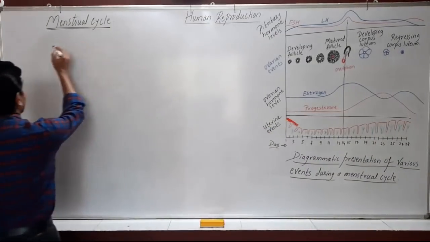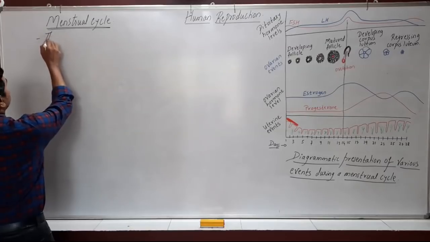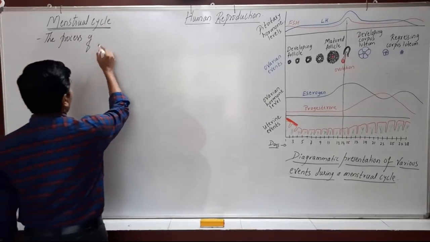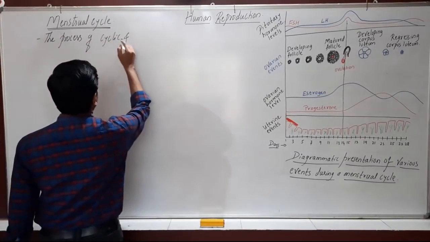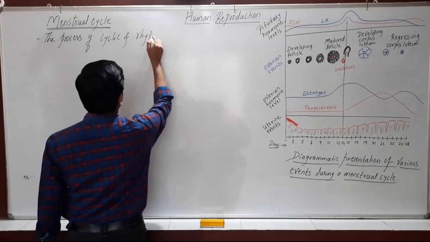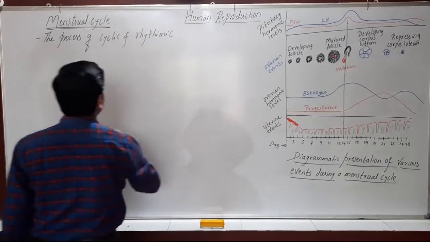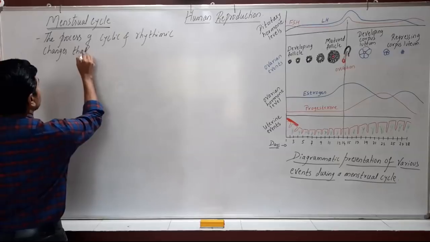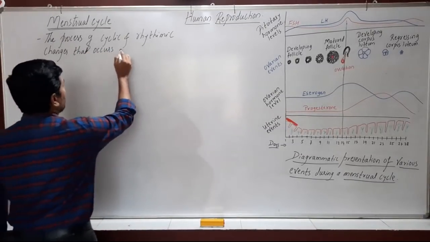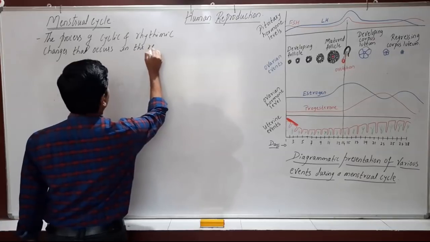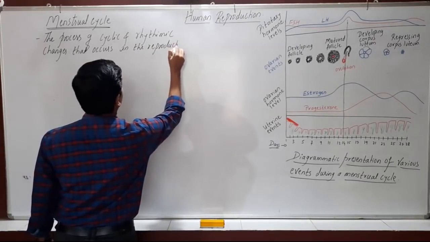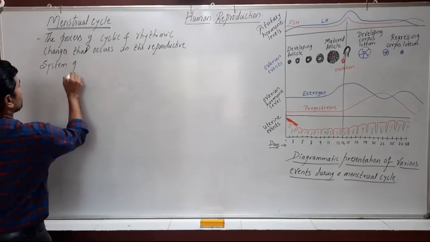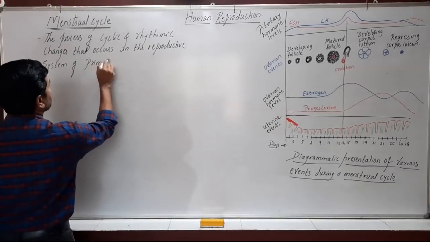Menstrual cycle can be defined as the process of cyclic and rhythmic changes that occur in the reproductive system of primates.